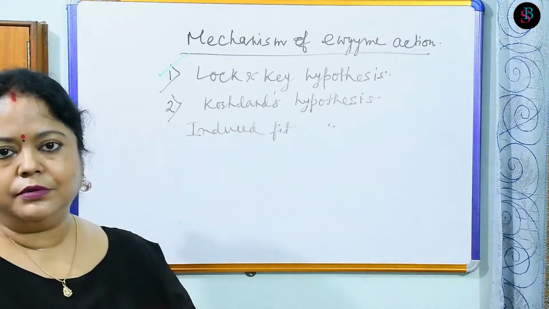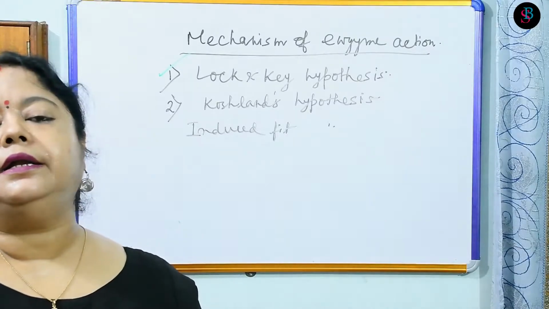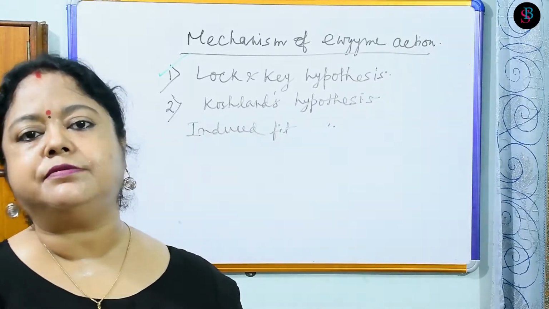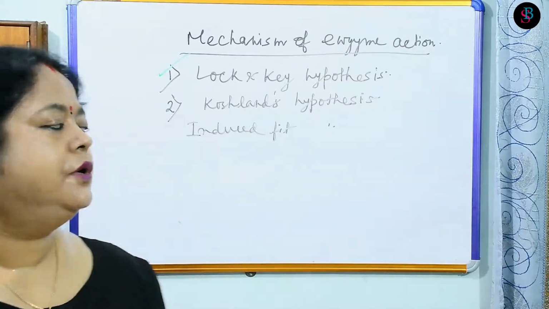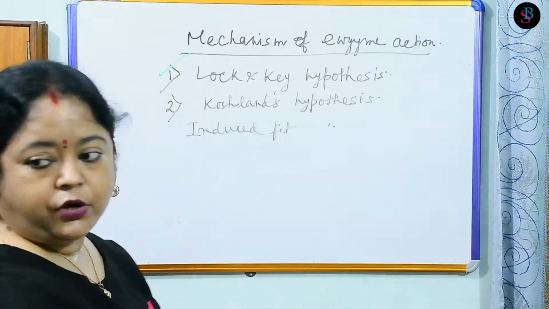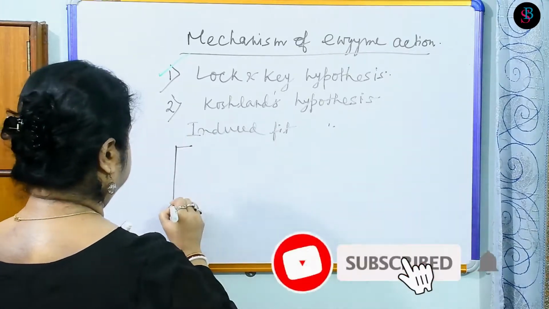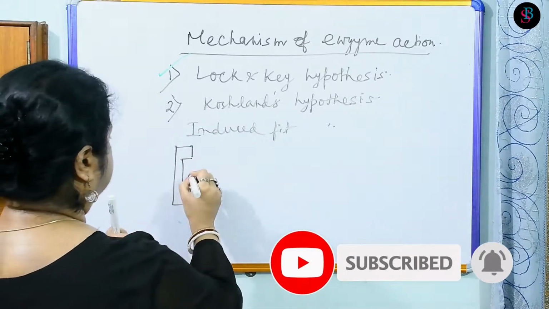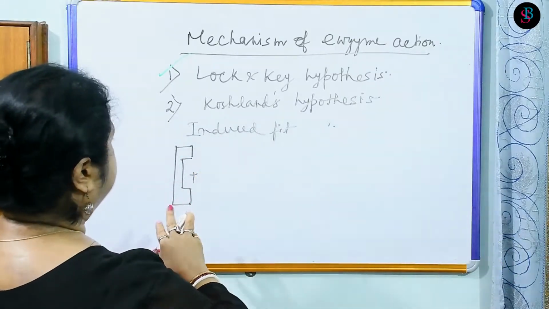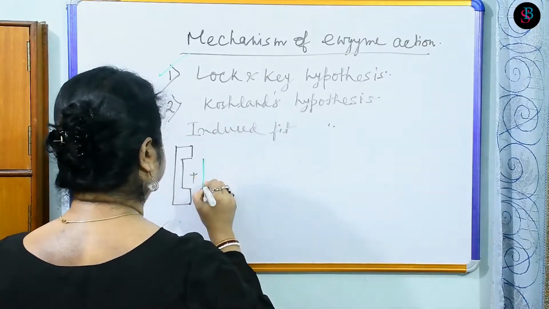Lock and key, you know that in our regular life we use the lock and key, and the structure of the enzyme and substrate is compared with the lock and key here. Now here also the enzyme is the first structure, plus like my previous model, it's also like this, same thing.